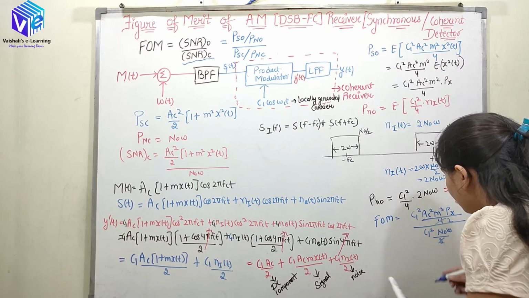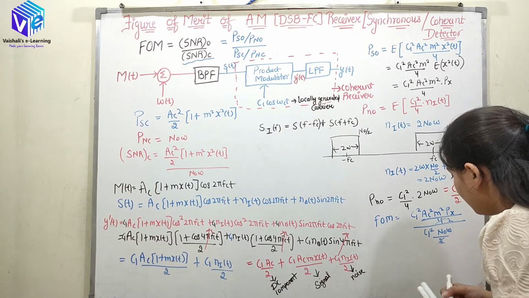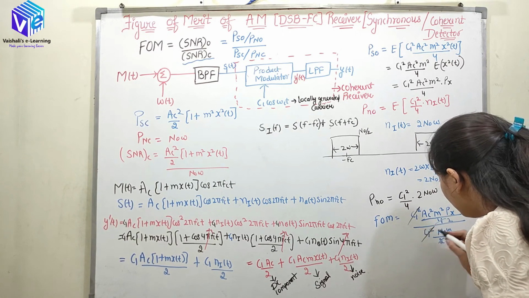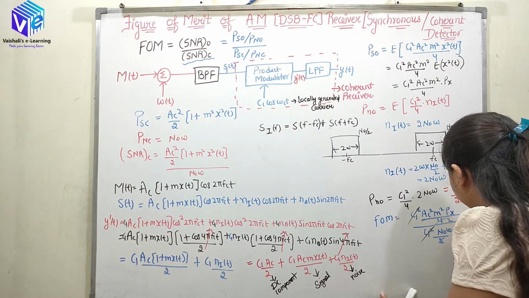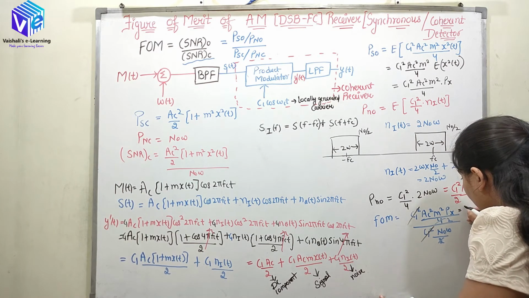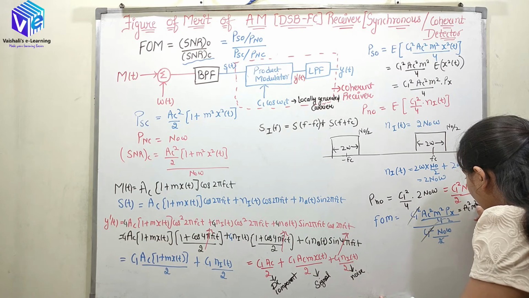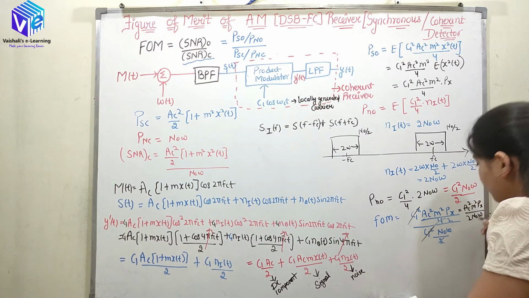So this 2 and this 4 will cancel out, C1 square will cancel out. So now it is equal to AC square M square PX upon 2 N naught W.